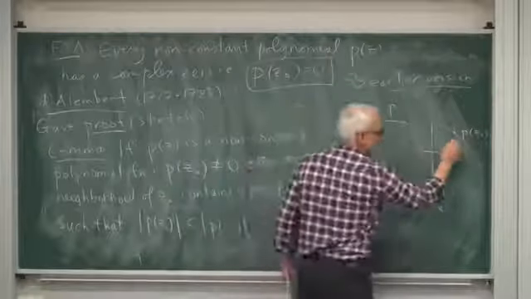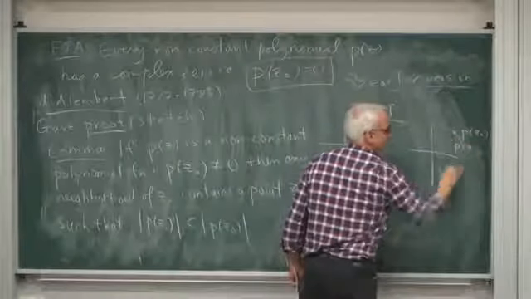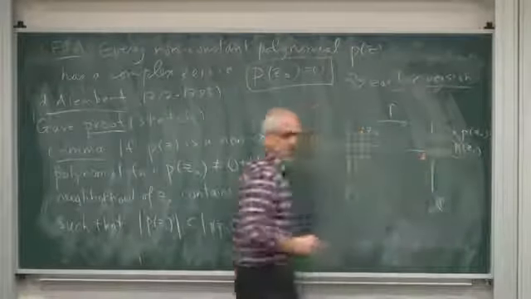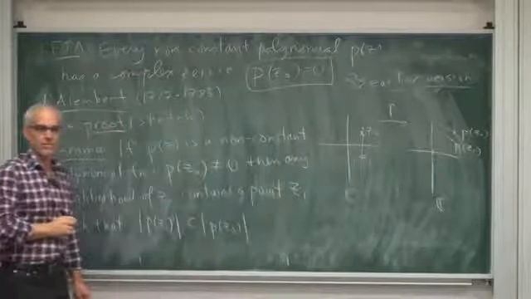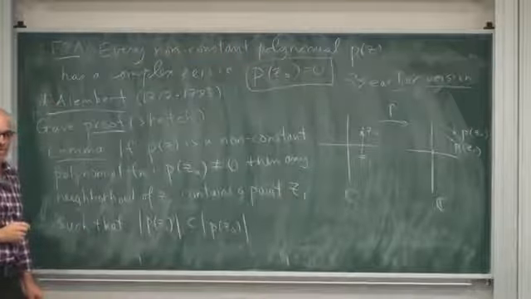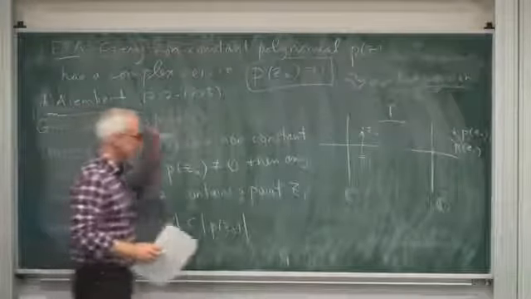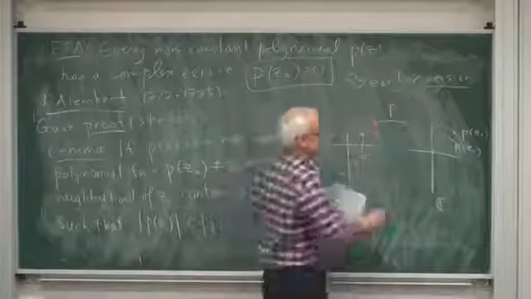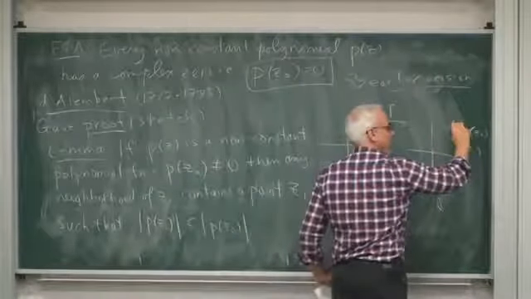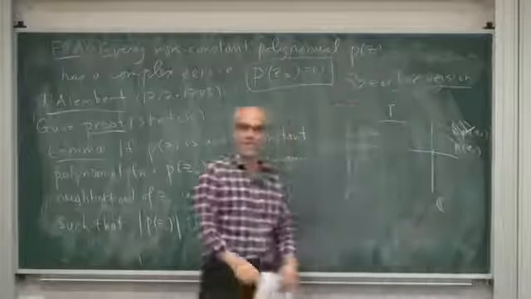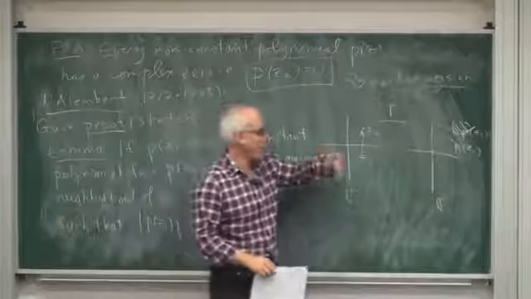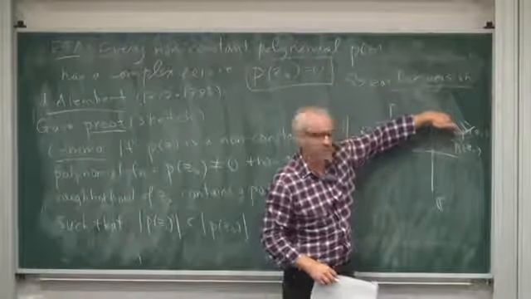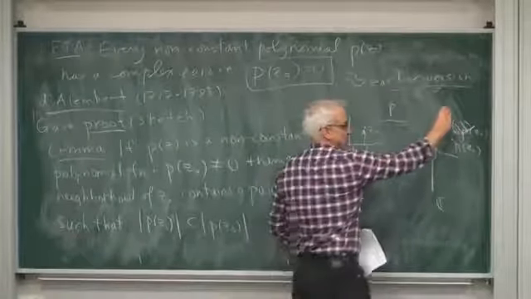So that P of Z1 will be closer to the origin than is P of Z0. Or to put it another way, it's not possible for that entire disk to get mapped to something where all the points are bigger than or equal to, in absolute value, P of Z0. That's not possible.